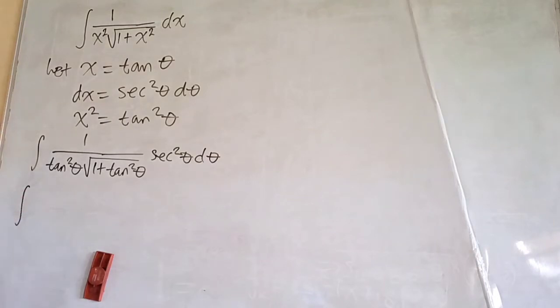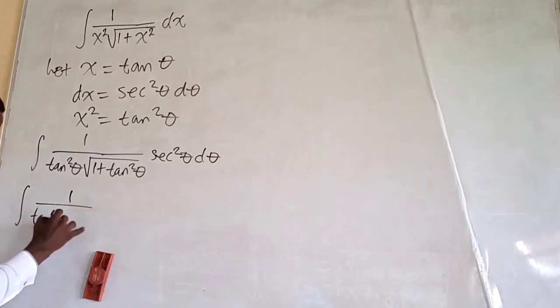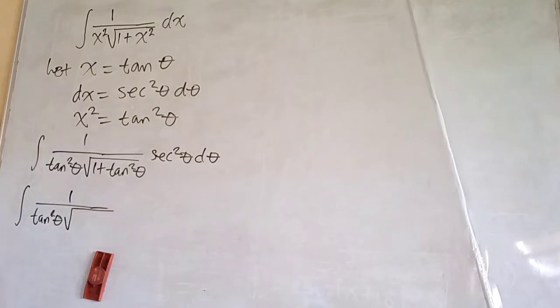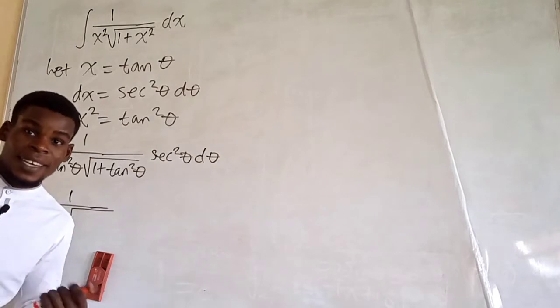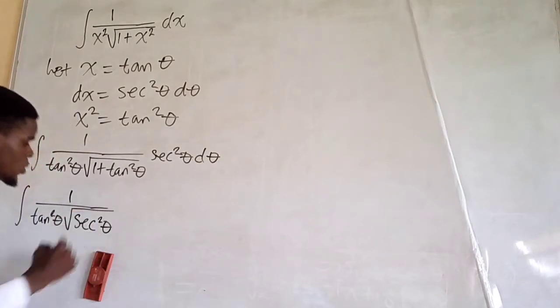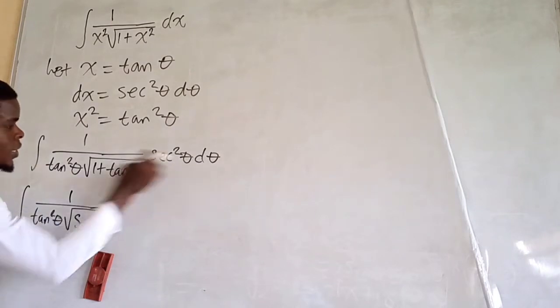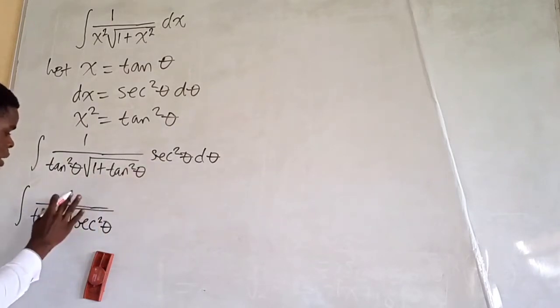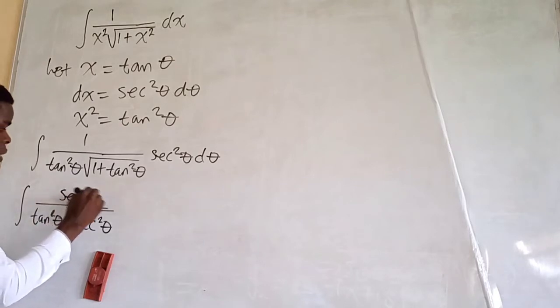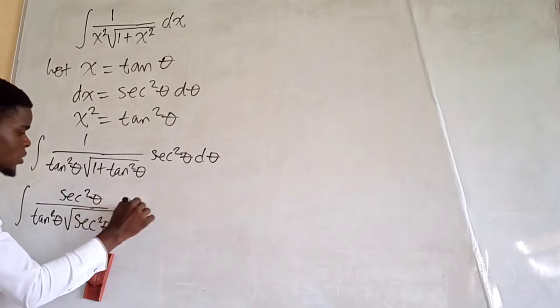Here we can do some simplifications. We have 1 over tangent squared theta times the square root of, well, I believe you know that 1 plus tangent squared theta is secant squared theta as an identity. So we have secant squared theta on top, d theta.